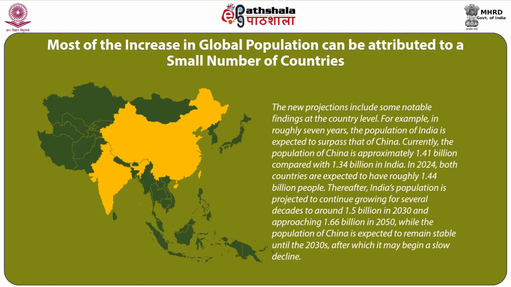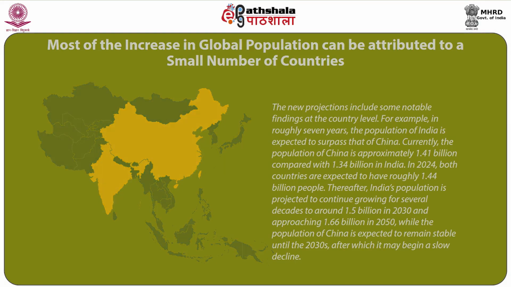Thereafter, India's population is projected to continue to grow for several decades to around 1.5 billion in 2030 and approaching 1.66 billion by 2050, while the population of China is expected to remain stable until 2030, after which it may begin a slow decline.